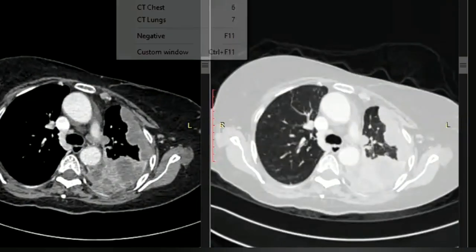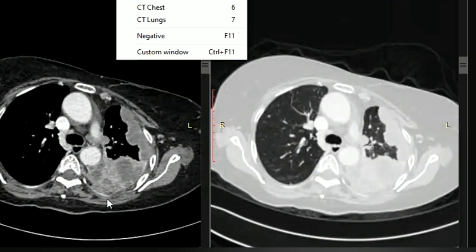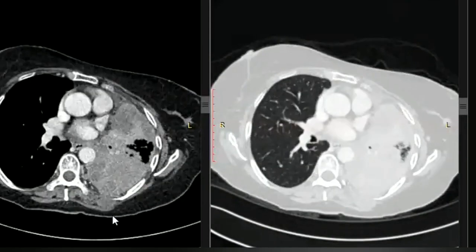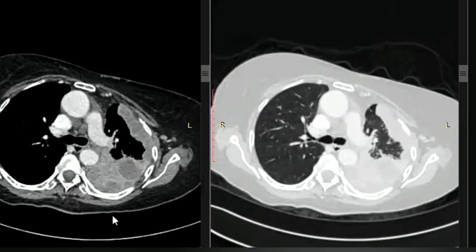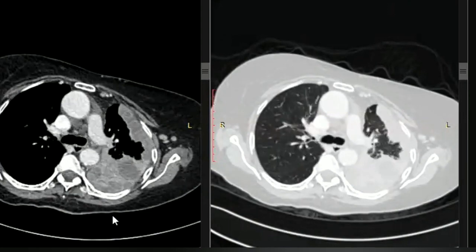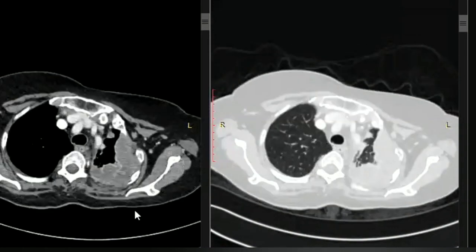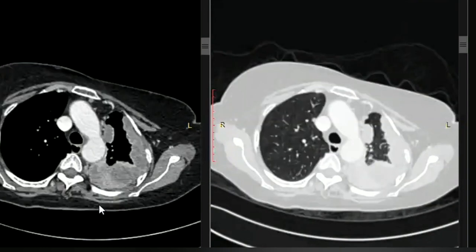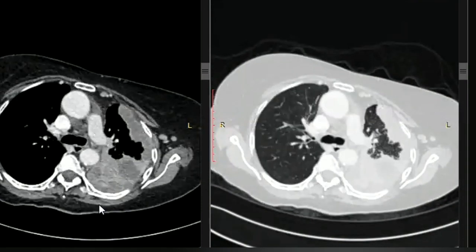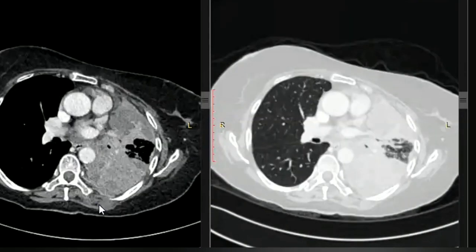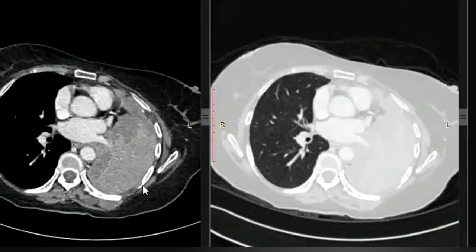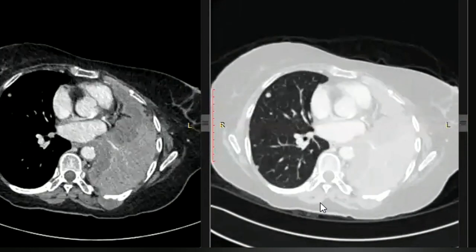Sir, can you just scroll through the mediastinum? I just want to see the lymphadenopathy, if it's present or not. So yes, there are some lymph nodes also identified, and I cannot appreciate rib erosion on this mediastinal window.